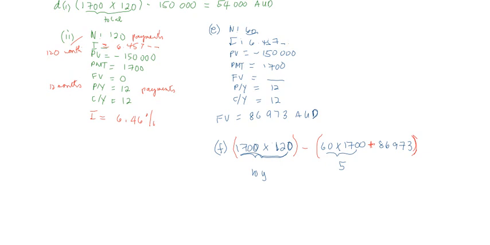So what we have here is 204,000 minus the answer for this, which is 188,973. This gives us 15,027 AUD. Okay, so that would be all for number 5. Stand by for number 6.